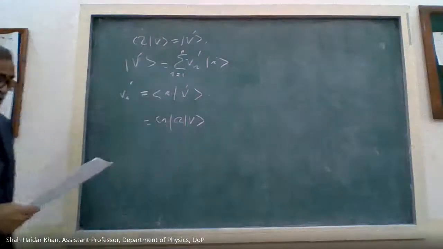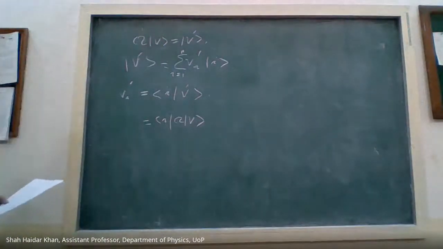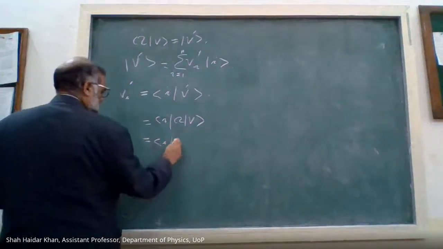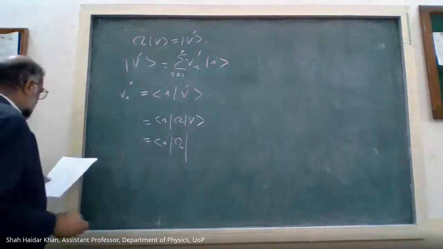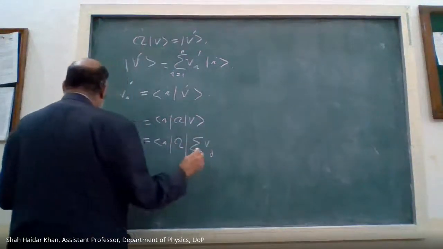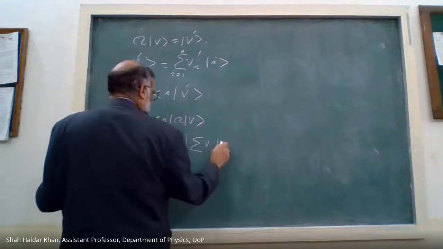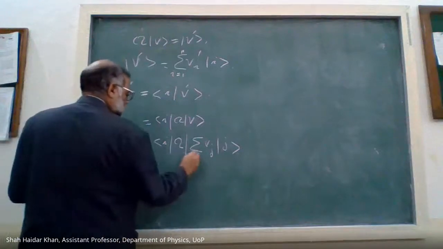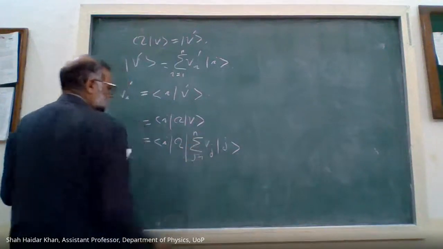Right? So that will be equal to i omega, and V will be equal to the sum over j of Vj, right? j starts from 1 and goes to n.